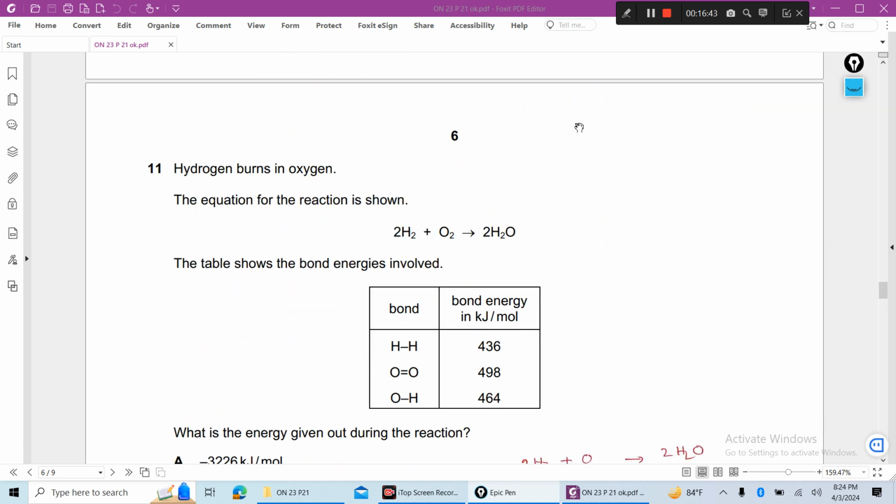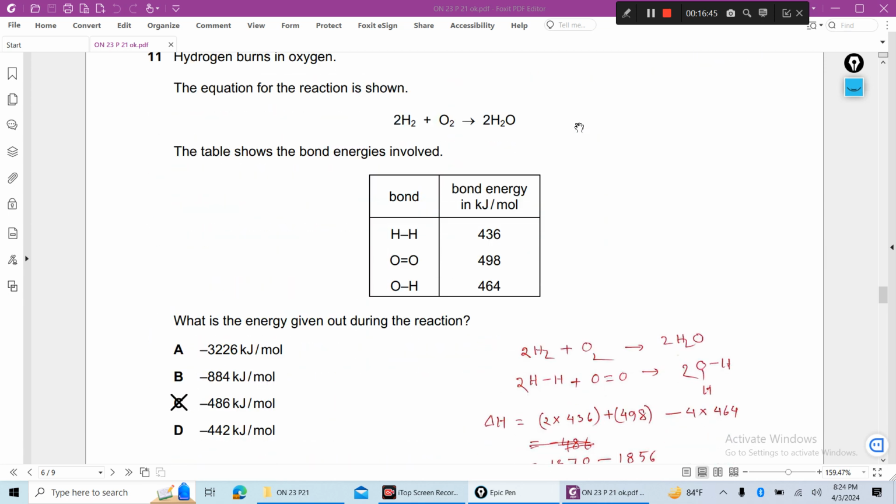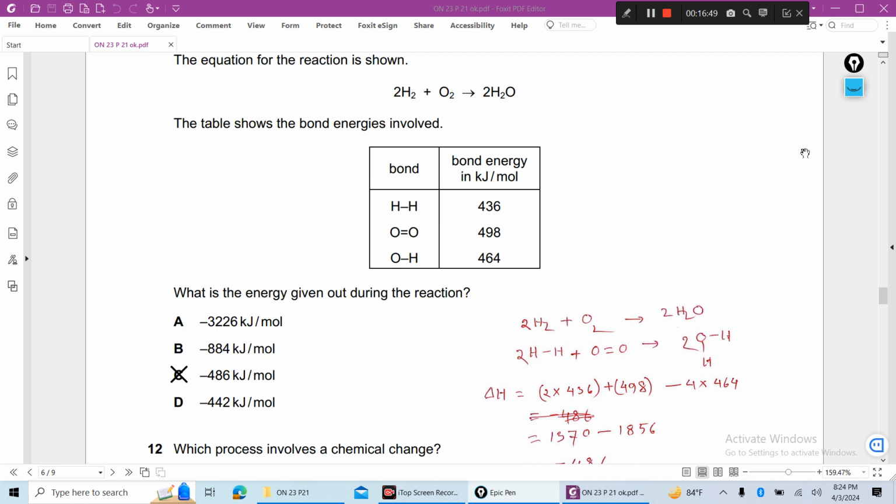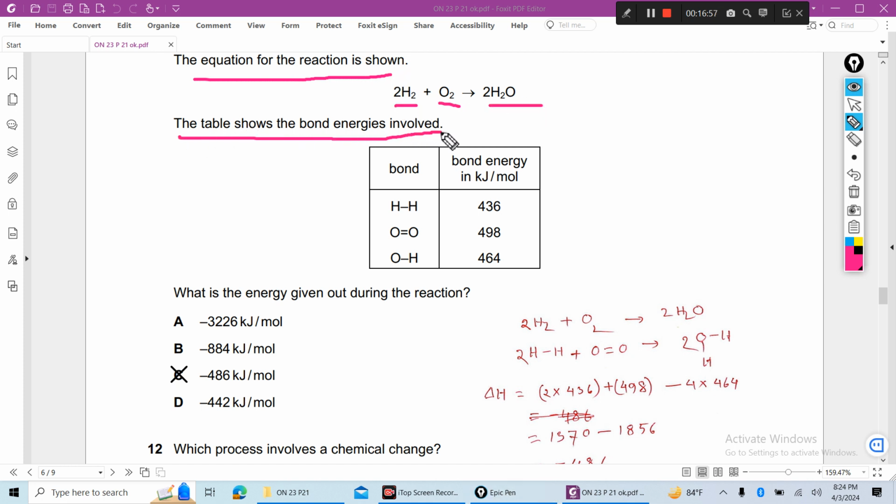Next, the equation for the reaction shown: hydrogen reacts with oxygen to produce water, and the table shows the bond energies involved. Their bond enthalpy values are given. So what is the energy given out during the reaction? This is the reactant, this is the product.